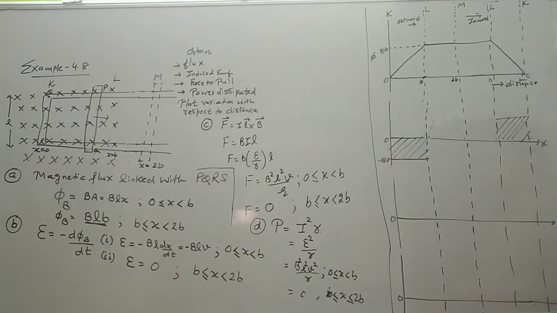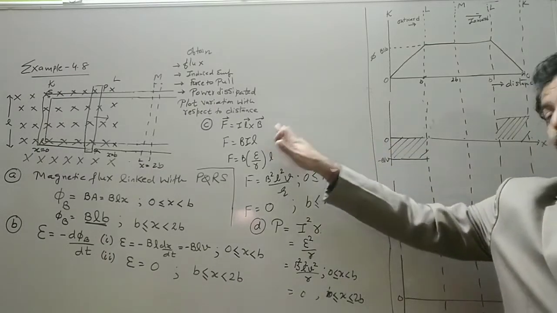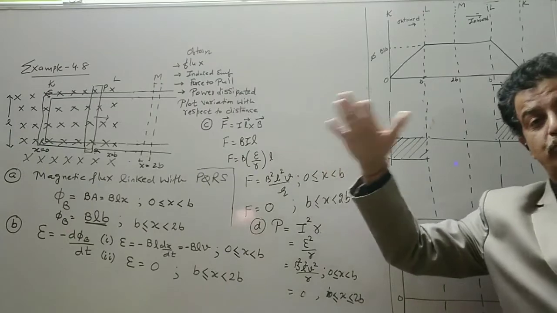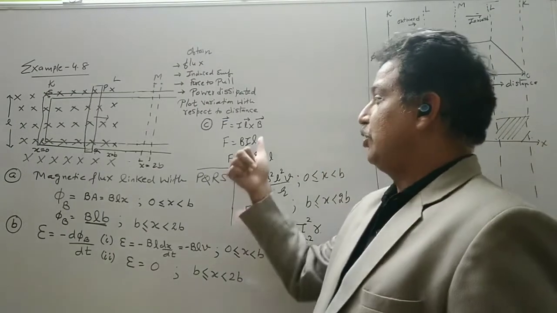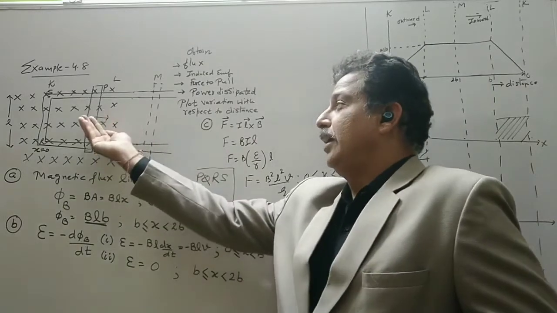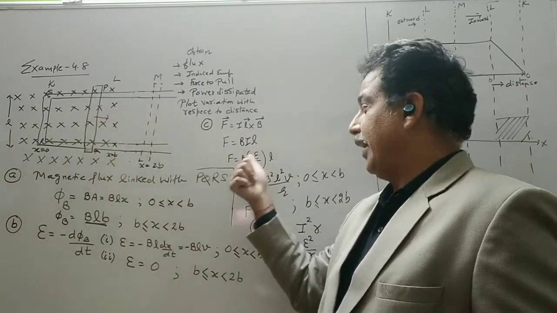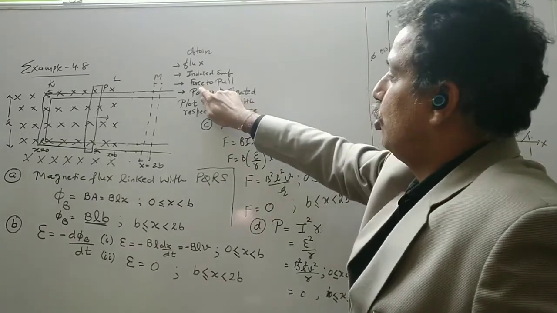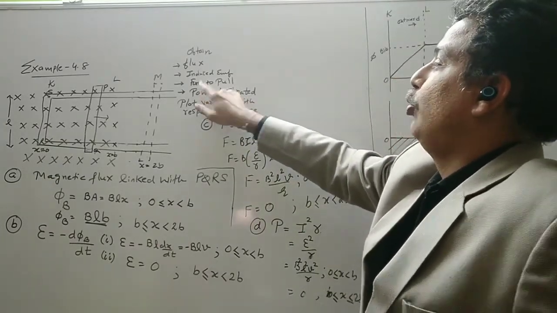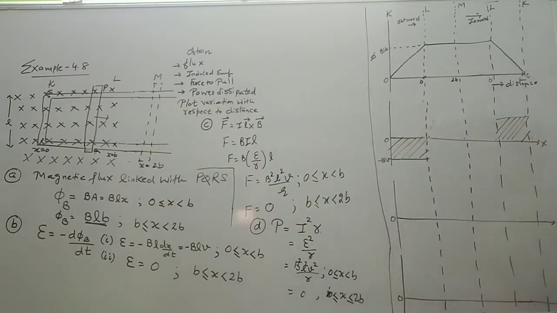Then we come to the force. Now this force is the Lenz's force, which is opposite to our applied force. So if our force is outward, it should be negative. We draw the graph of the force required to pull the rod, so it should be negative. Here we have written the force formula as positive.